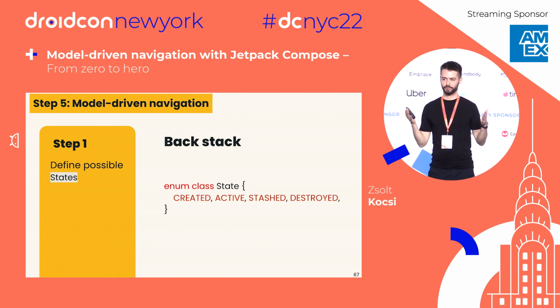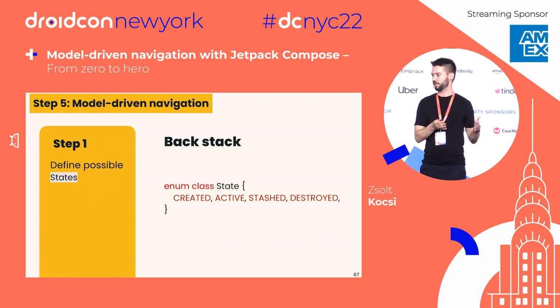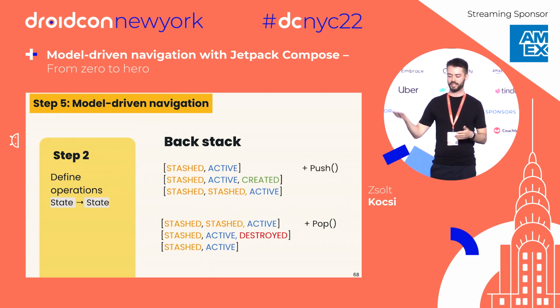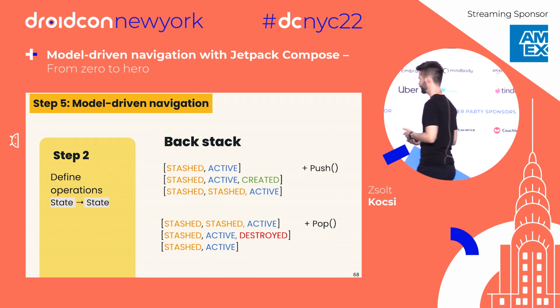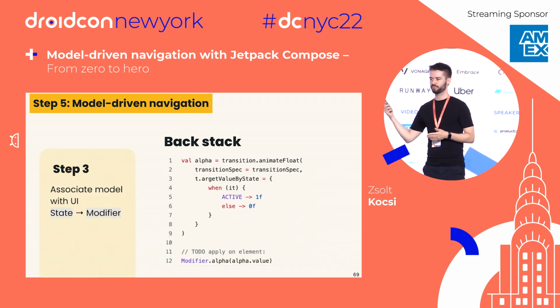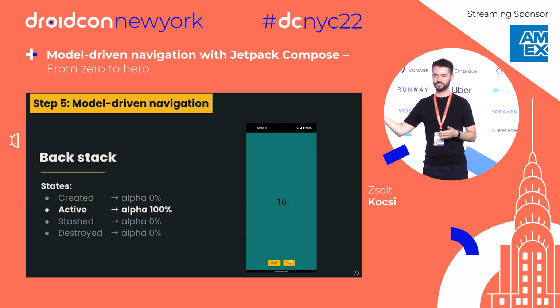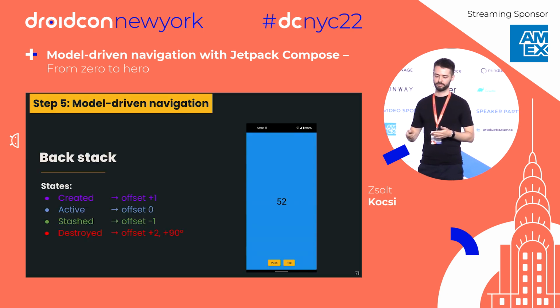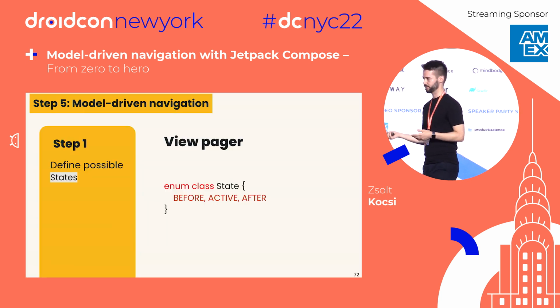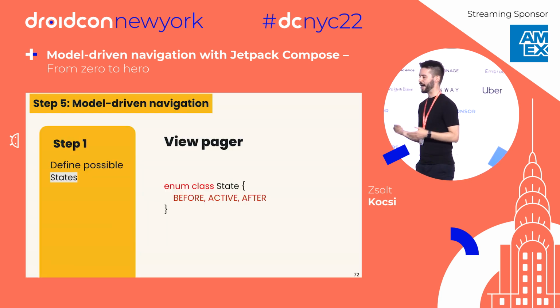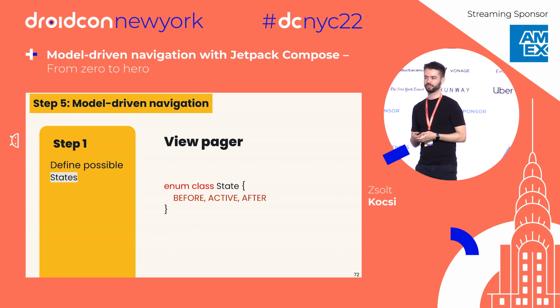For example, putting things into perspective, this is actually what we have done now with the backstack, in that we have defined our possible states. We have defined a couple of operations, how those change those states. And we have associated this to alpha values, or we have associated this to slide and color and rotation. So how is the navigation model of a view pager any different?